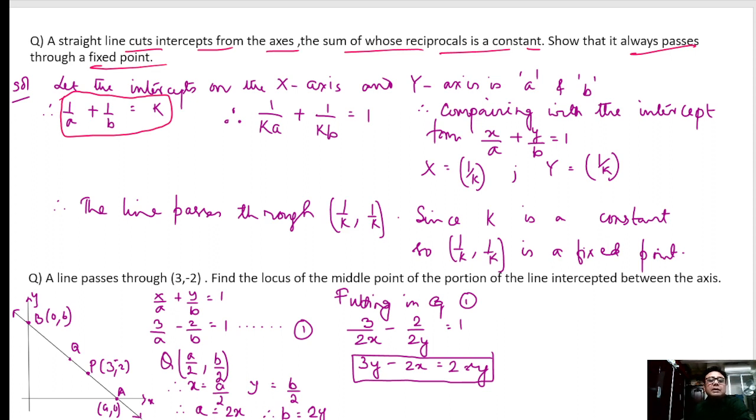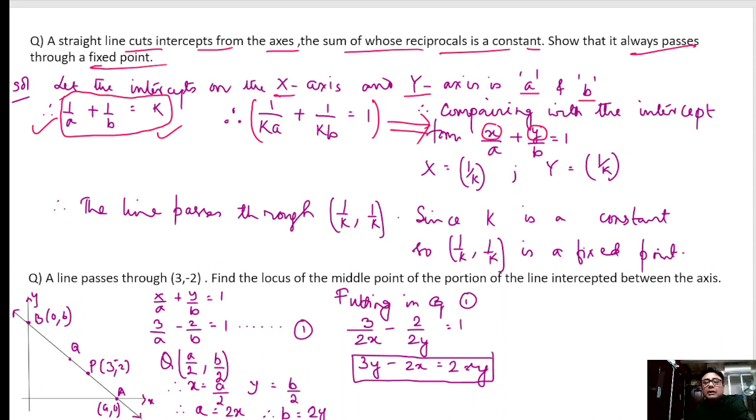So let us see. We have taken the x-intercept as a and the y-intercept as b, and they are telling us the sum of the reciprocals of the intercepts is a constant. So we can write this equation like this. Now if we compare this equation with this equation, we can see that our x is 1 by k and y is 1 by k.